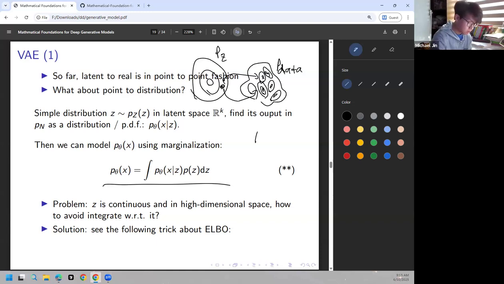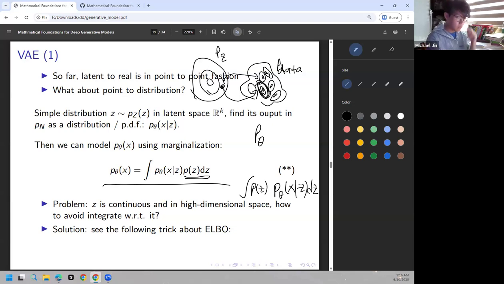All of the distributions given out by the output should be summed over all p of z, if we draw z from the prior distribution, and we multiply by their distribution over here, because it's a marginalization process, right?